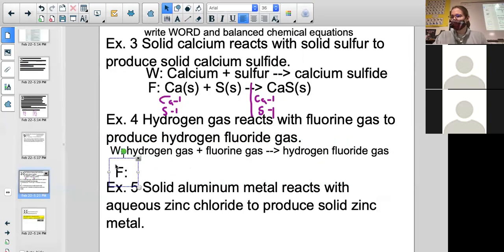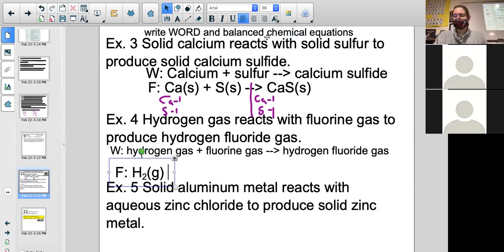Okay, now let's do the formula. Hydrogen gas is H2, plus fluorine gas. What's fluorine gas? Thank you. I don't know where my head is today.